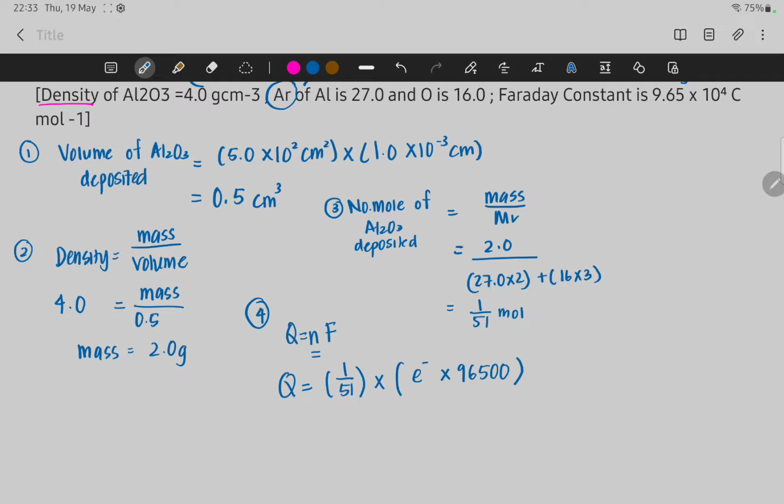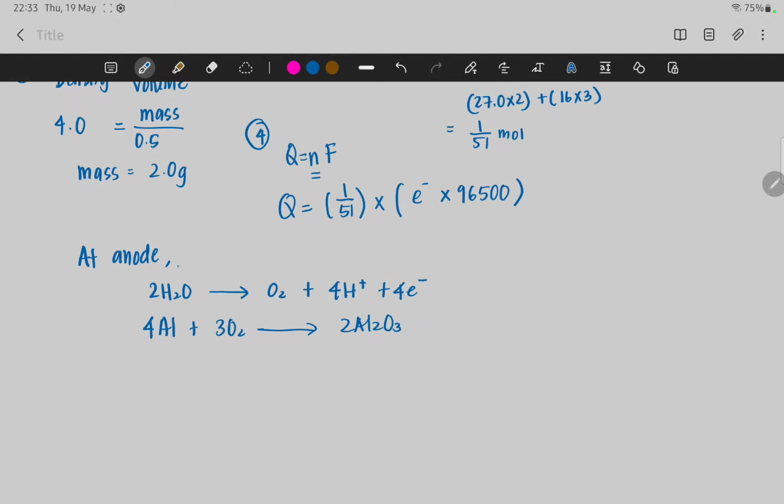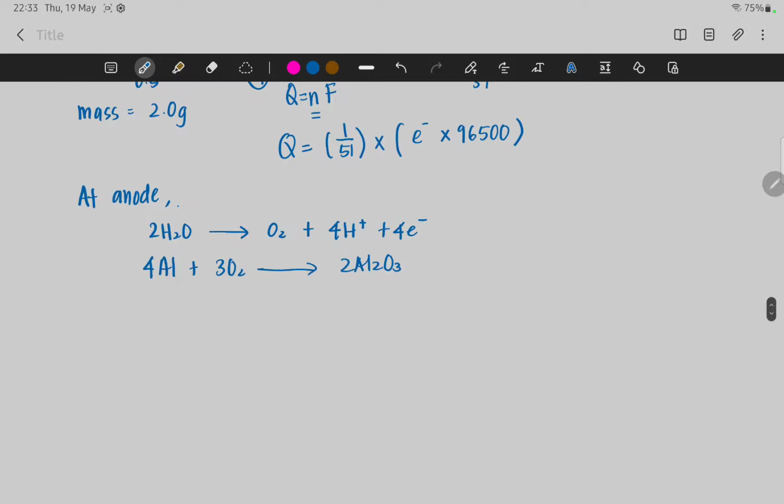So going back to the equation, what is happening? I'm writing the equations for you. At the anode, 2H2O, the water is being oxidized, giving O2 plus 4H+ and 4 electrons. And for the aluminium, 4Al plus 3O2 gives 2Al2O3.